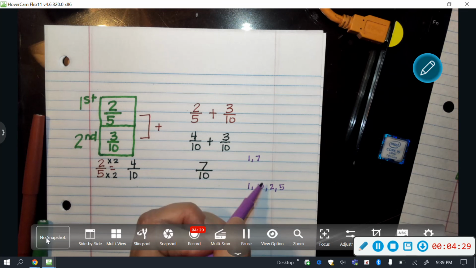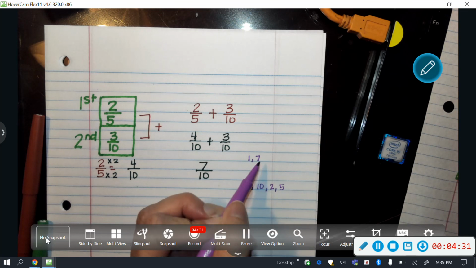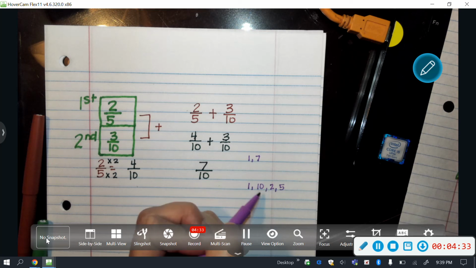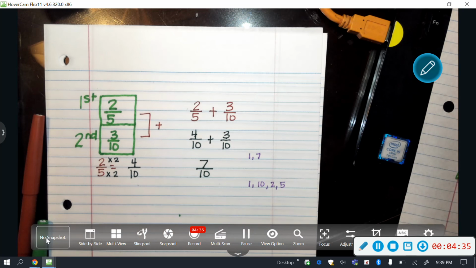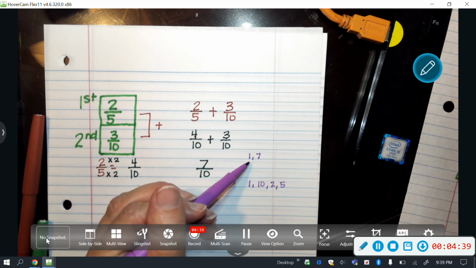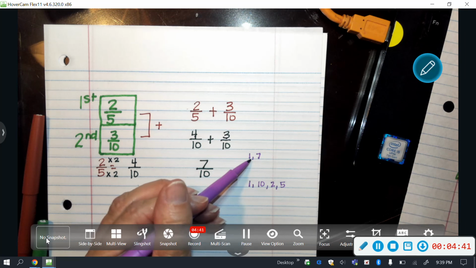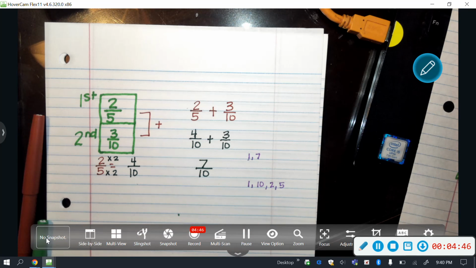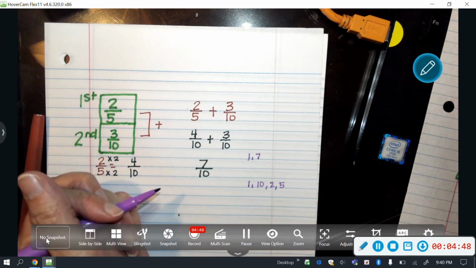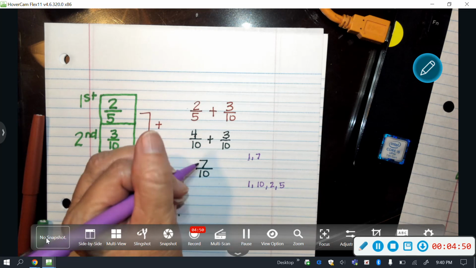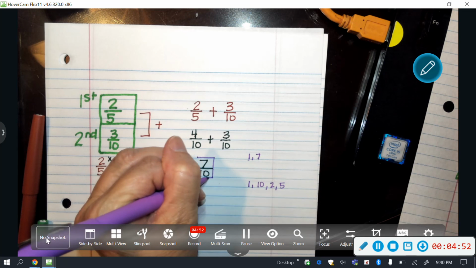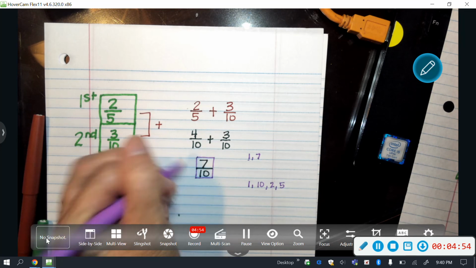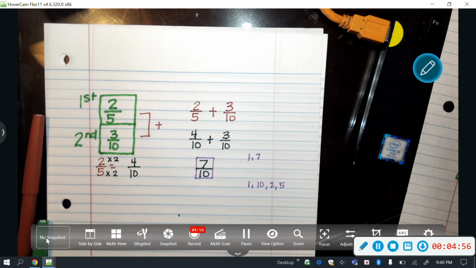And when I think about simplifying, I have to find a common factor, the greatest common factor. The only factor that I see that they even share is the number 1. Well, if I were to divide the numerator and the denominator by 1, I would end up getting the same number. So 7/10 is my most simplified answer. It is in lowest terms.